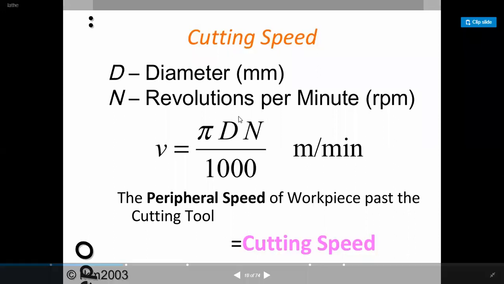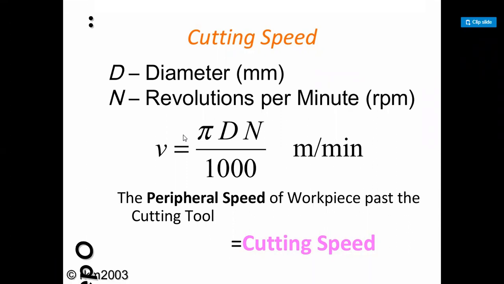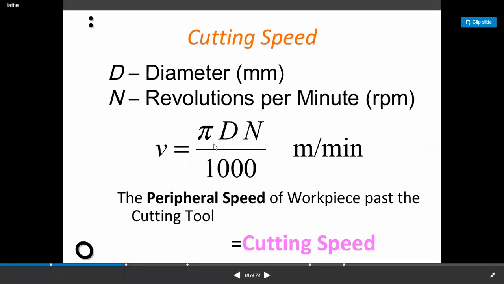V is the cutting speed. That cutting speed is the peripheral speed of a workpiece past the cutting tool. Why is it past the cutting tool? Because that cutting tool is having linear motion while feeding, whereas workpiece is continuously rotating along that given n, given revolutions per minute. So that is peripheral speed of a workpiece along your tool feed.